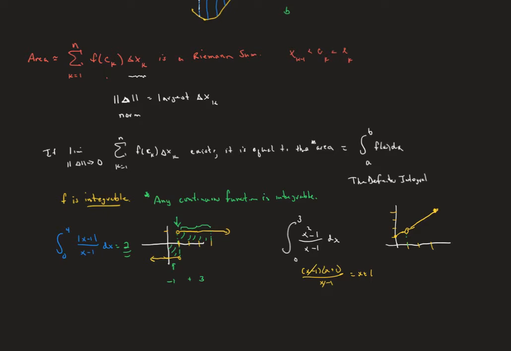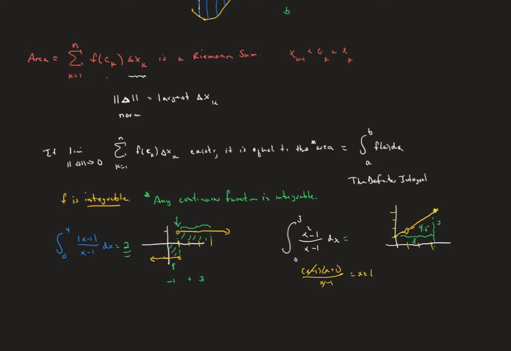Same argument as with the first one we did: the area underneath that one point is nothing. So we can divide this into a rectangle and a triangle, and using an area argument, that rectangle is 3 by 1, so that much is 3, and the triangle is 3 by 3, so that's 3 times 3 divided by 2, which is 9 halves, or 4.5.